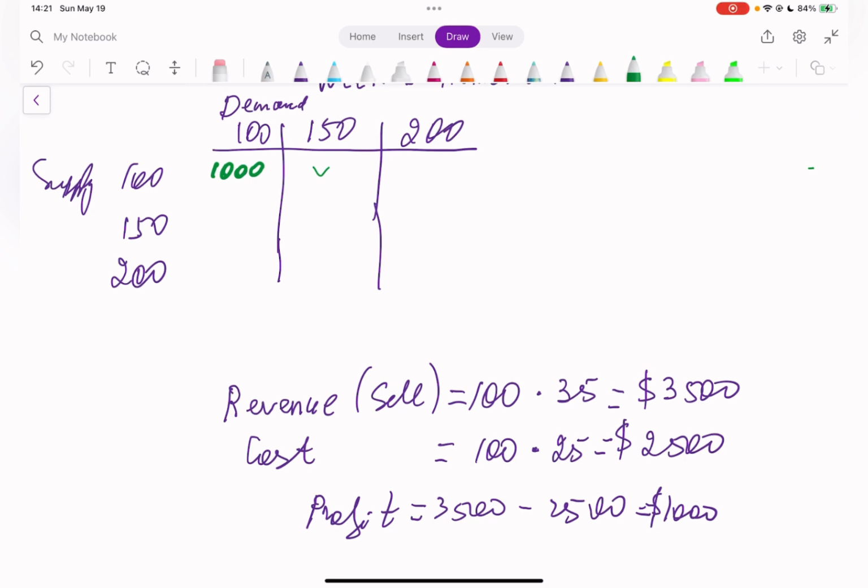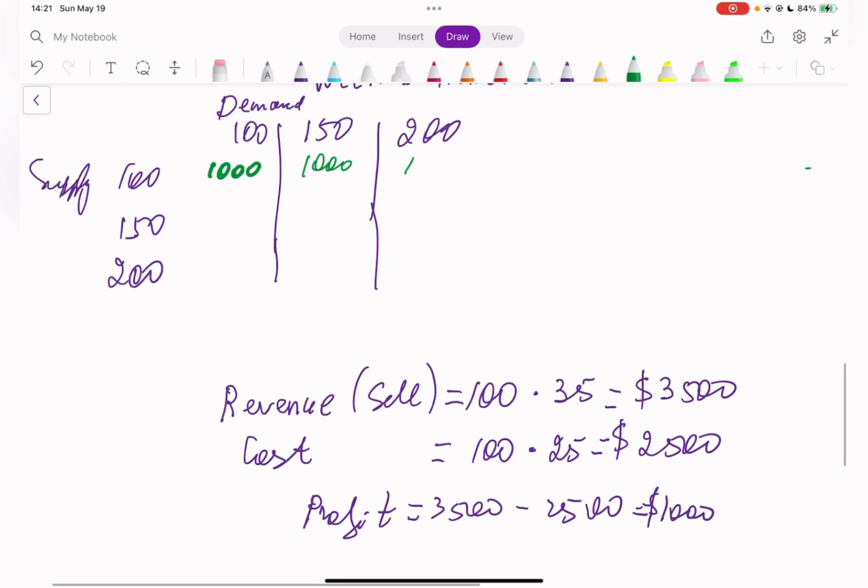So same profit is gonna be $1,000, right? And the same situation is going to be with 200. They want 200, we can provide only 100. So our profit for 100 is going to be $1,000. Okay.